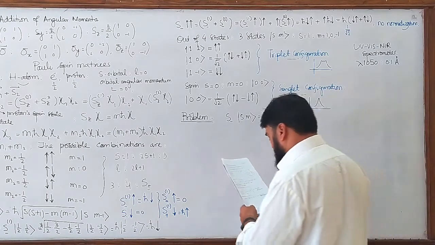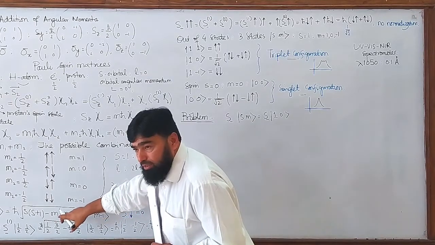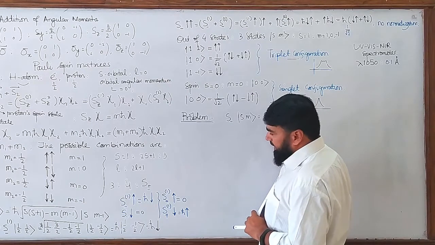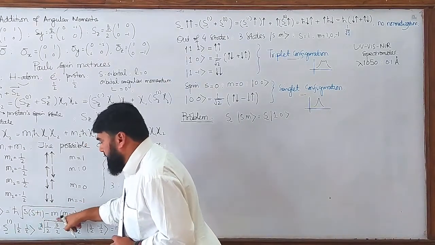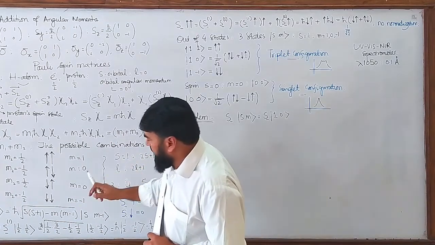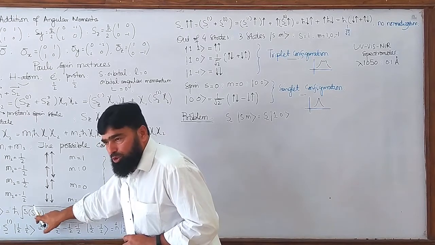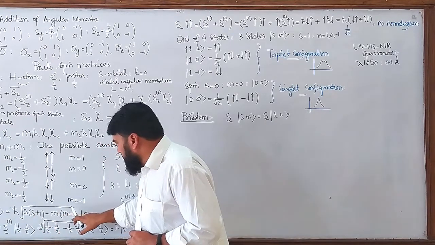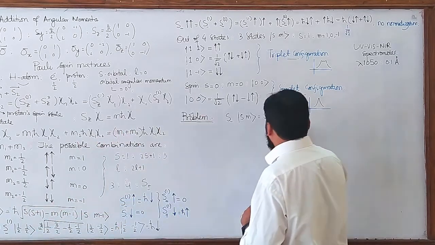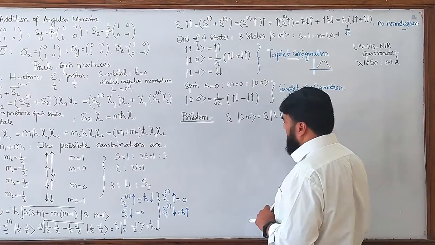If I apply S minus, then utilize this formula here. Your S is 1 there, while M is equal to 0. So put S equal to 1: 1 times 1 plus 1 is 2. So 2 here, and this whole term will become 0. So you got square root 2 times h bar.